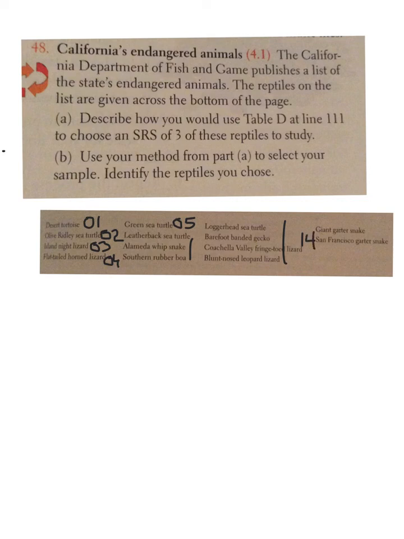So we go to Table D, line 111, and we read across those numbers with no repeats until we pick randomly 3 of these animals. Remember how to do that? There it is. I think this might be a tad bit tedious, but it's a good idea to actually describe what you're doing, because that will help you really remember how to do it.